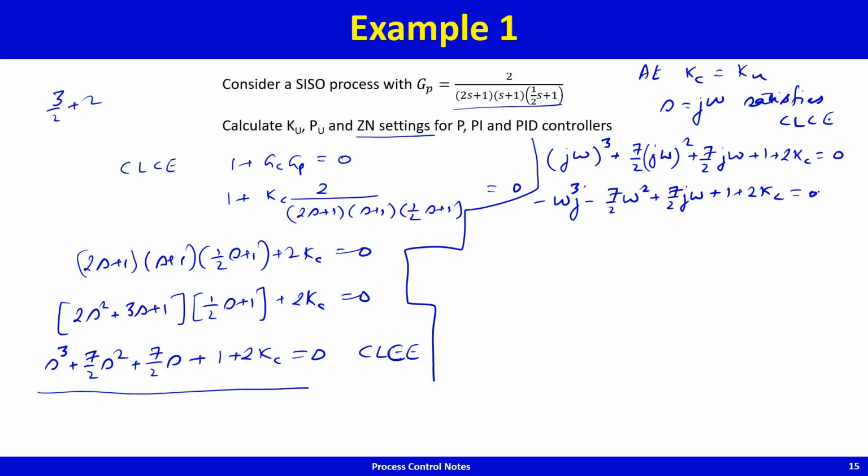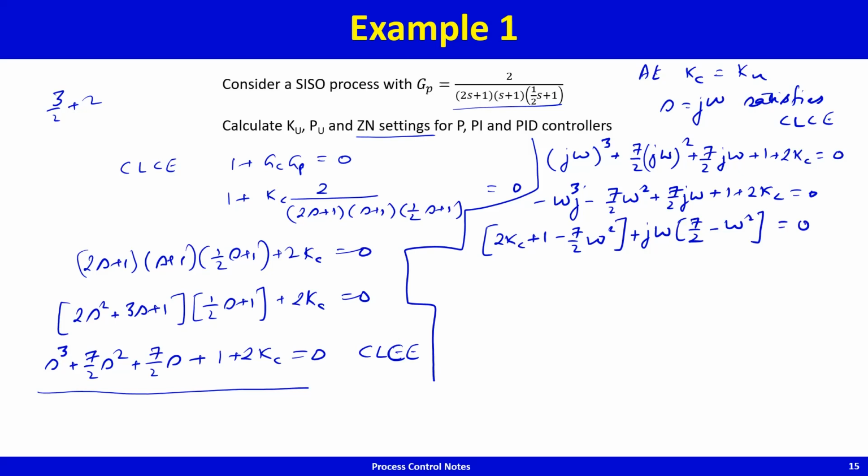If you now collect the real and imaginary terms in one location, the real terms are 2Kc plus 1 minus 7 by 2 omega square, and the imaginary terms, we can take j omega common, you'll get 7 by 2 minus omega square equal to 0.